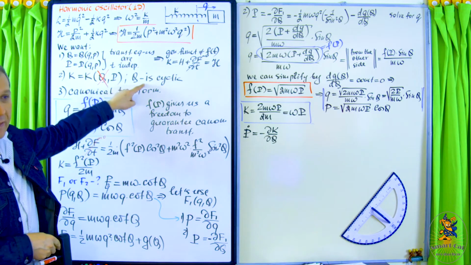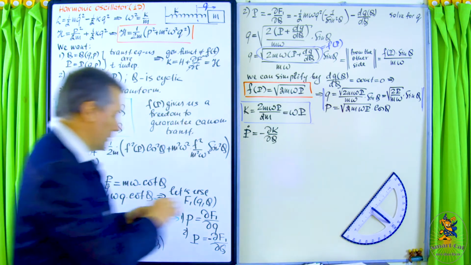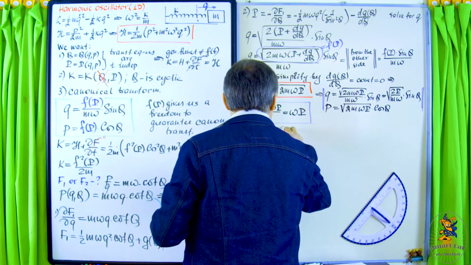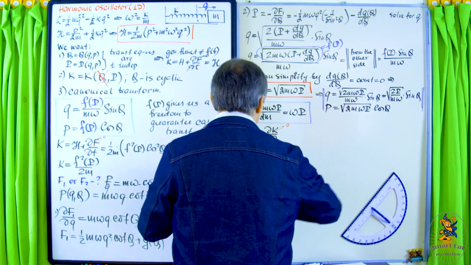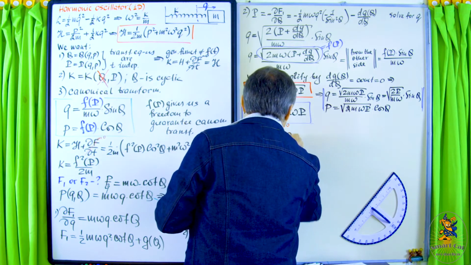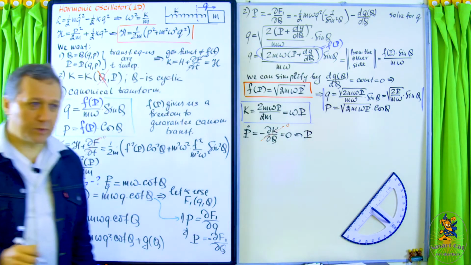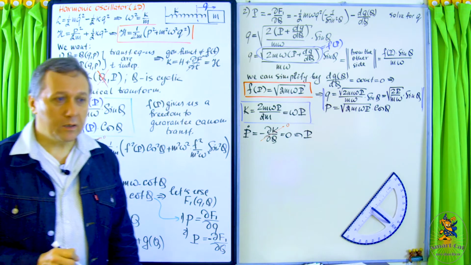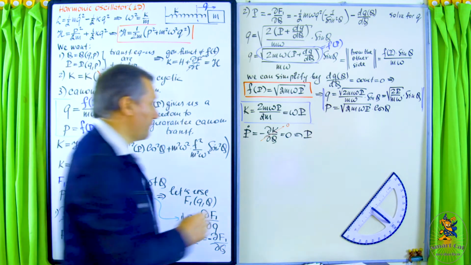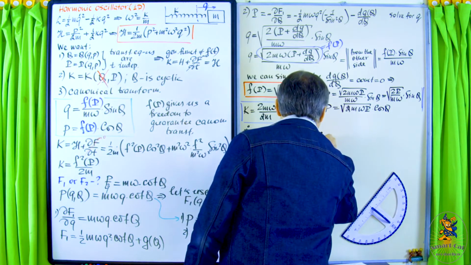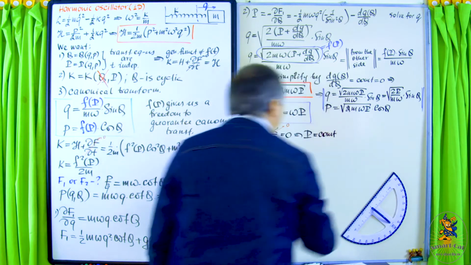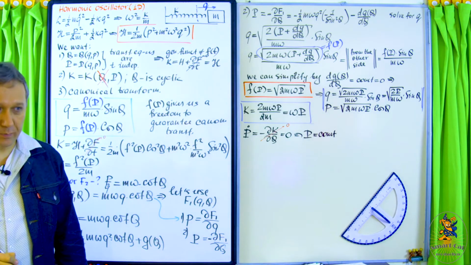Our Q is cyclic, right? So, of course, it's 0. And of course, the generalized momentum in the new world is constant. I'm not going to call it just a constant at this place.